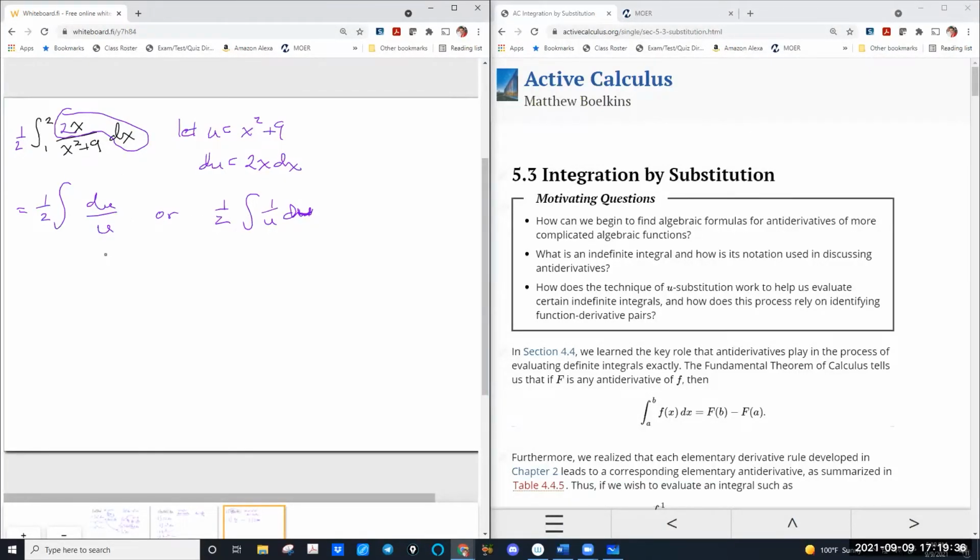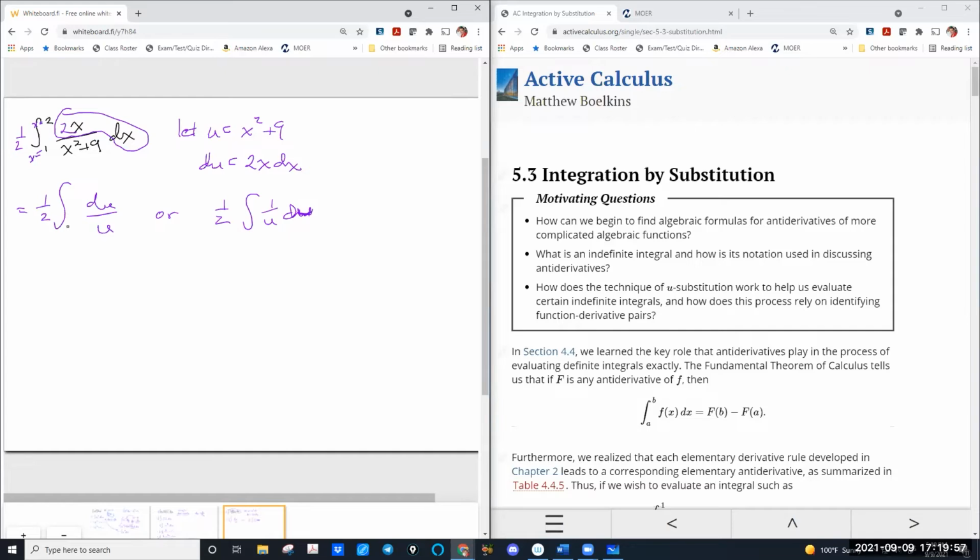Now, here's where I would like to recommend this for you, but you do not have to do it. Now, 1 and 2, those are x values. That's x equals 1 and x equals 2. My integral is in terms of u now.